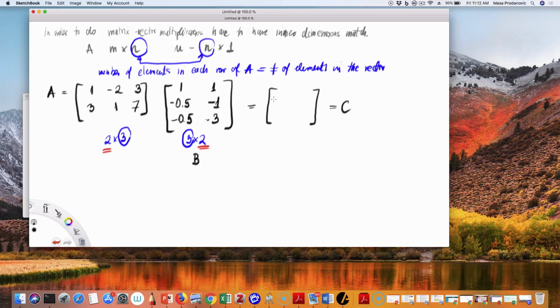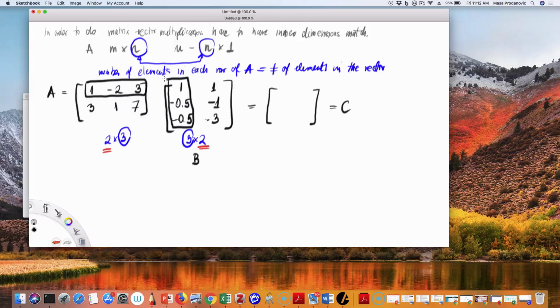So element 1,1 in C will be the first row in A and the first column in B. So basically I'm going to do a scalar product of this and that.